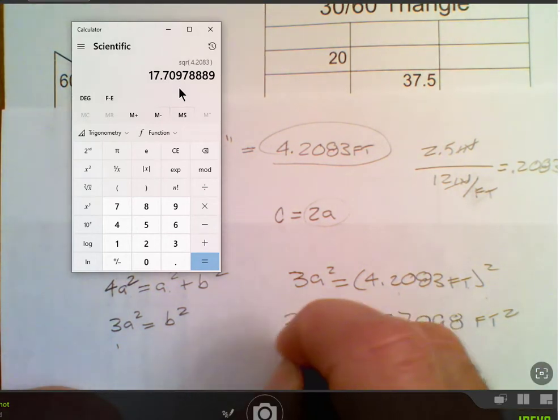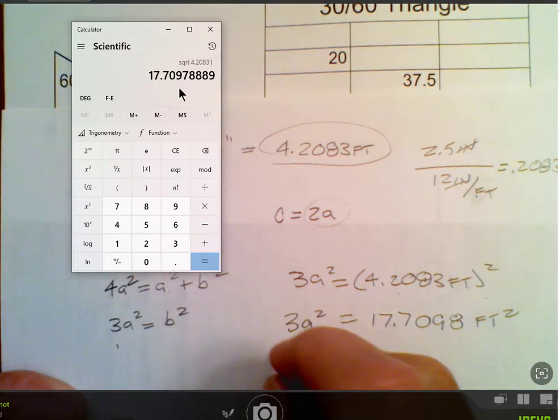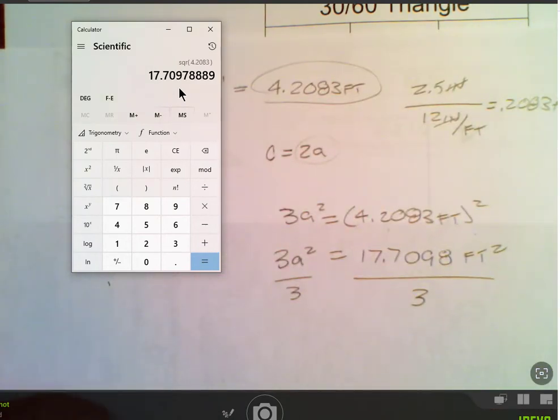So 3 times A squared equals that value in feet squared as well. Anytime you have an equation, you can do the same thing to both sides. I'm dividing both sides of this equation by 3, which still makes it an equation. Dividing 3A squared by 3 leaves us with A squared. Now I'm just going to use all the numbers here.